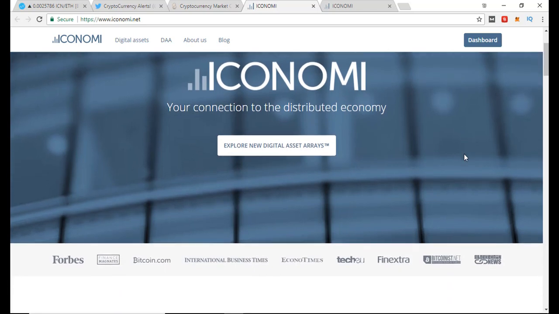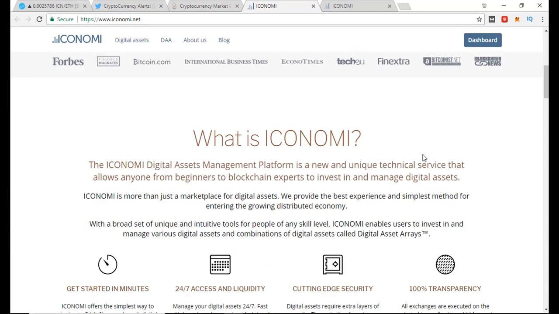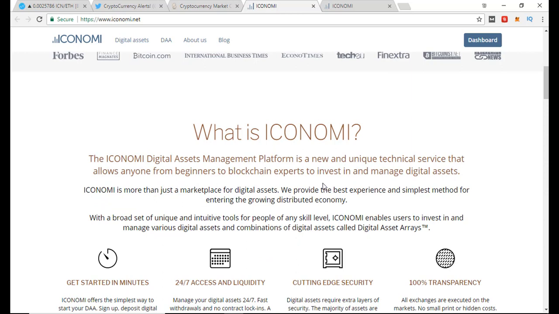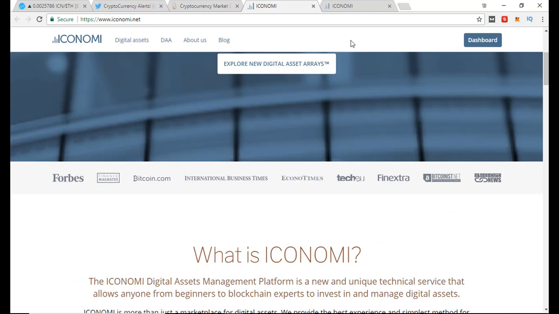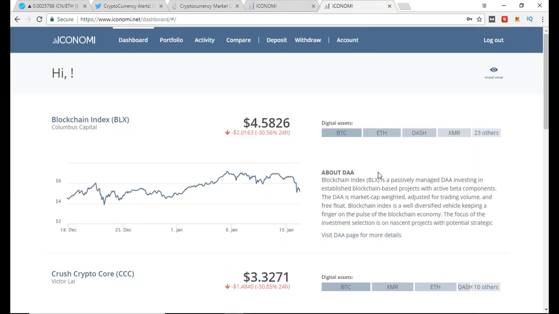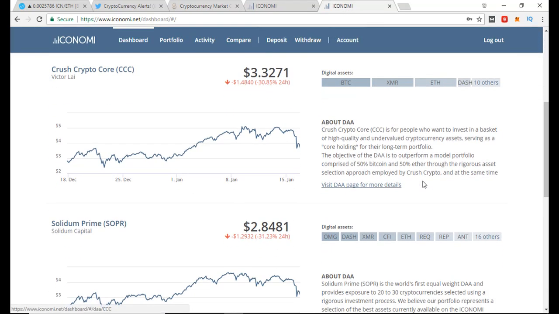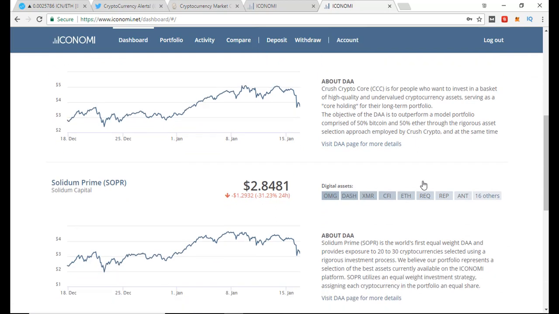I'm at their website, iconomi.net, right now, and their tagline is: explore new digital asset arrays. So what is Iconomi? A digital asset management platform, a new and unique technical service for anyone from beginners to blockchain experts to invest in and manage digital assets. I went ahead and registered, and to me it's like an index of different mutual funds in the stock market.